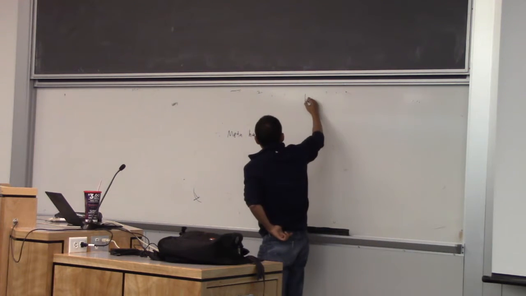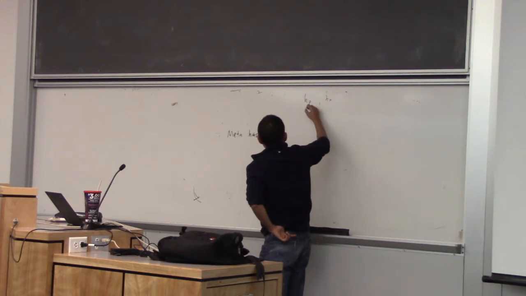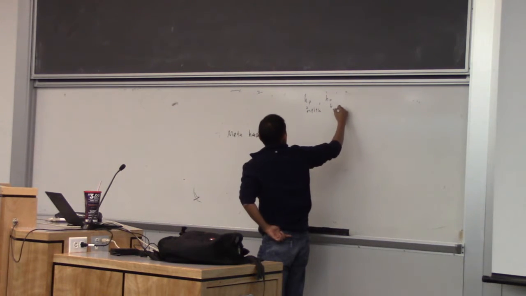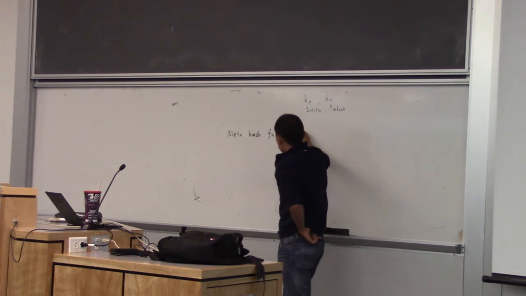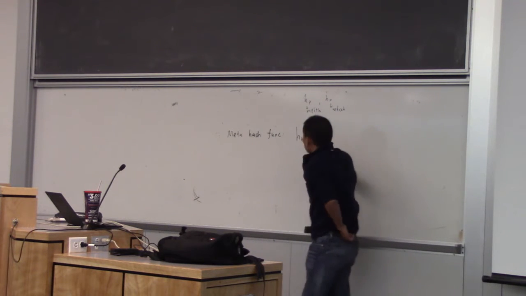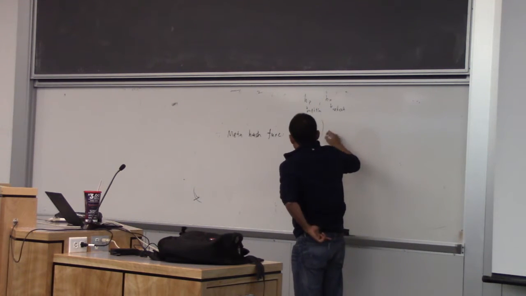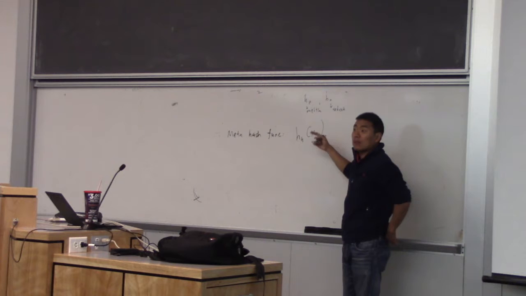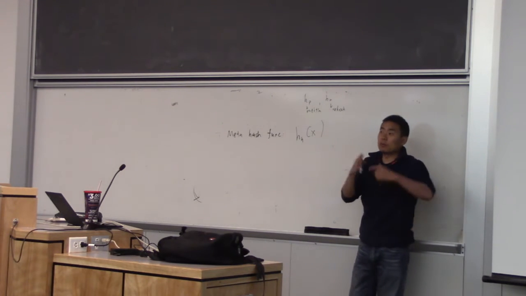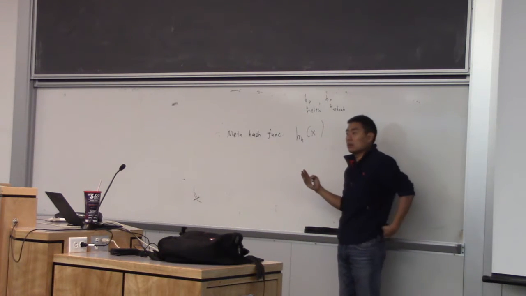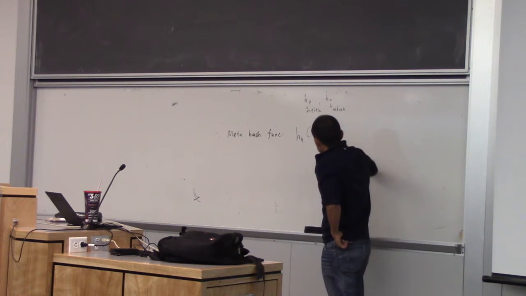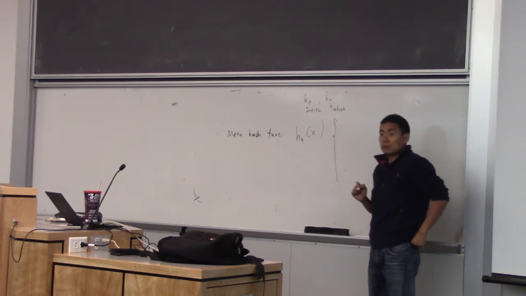So I have two functions, HP and HR. This is for the partition, and this is for the rehash. But now I define a meta hash function called HH. Take your input value x. x doesn't necessarily need to be a single attribute. It could be a composite of attributes, like we discussed before. And this has the following output.